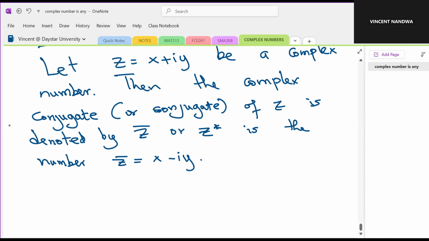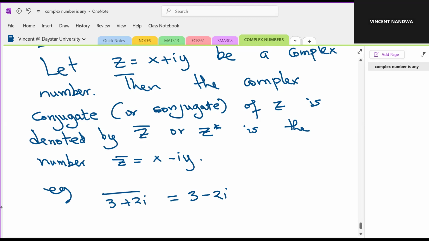What this simply means is that to define the conjugate of a complex number x plus iy, you simply change the sign between the real part and the imaginary part to be minus. For example, the conjugate of 3 plus 2i will be simply 3 minus 2i.